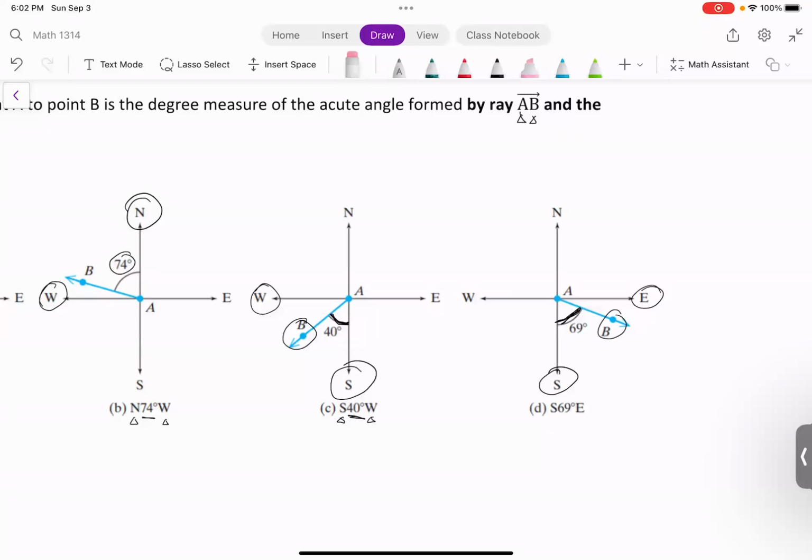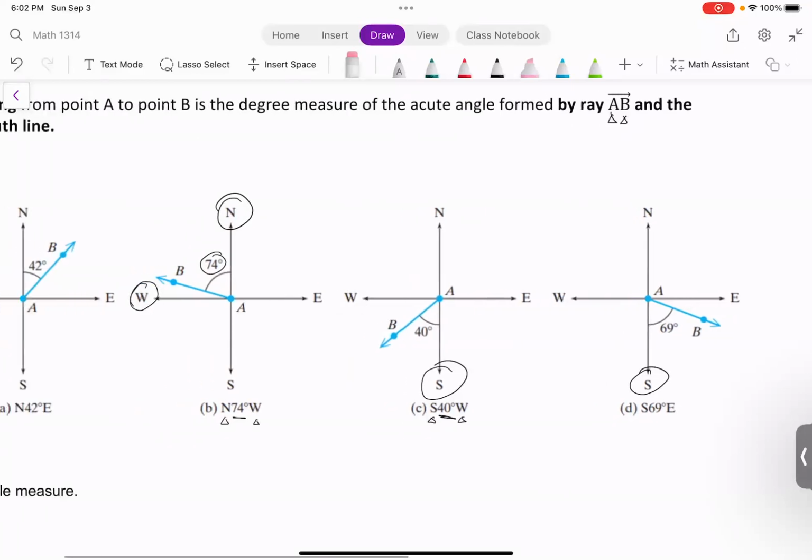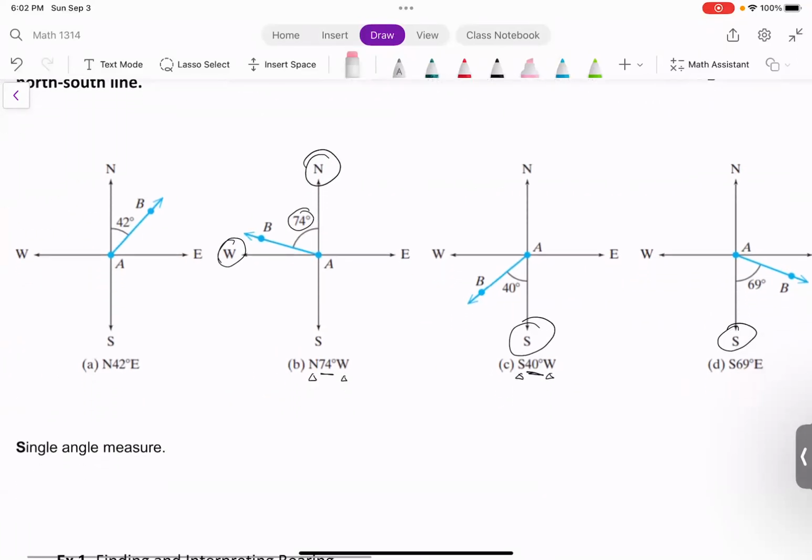All right, let's see another method to describe the bearing. We call it single angle measure. The single angle measure measures the angle clockwise from north.